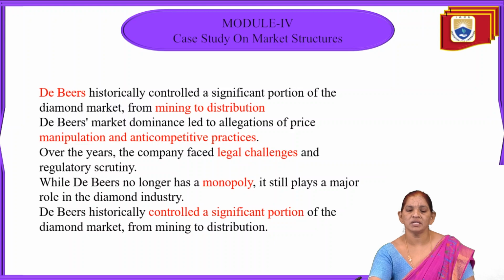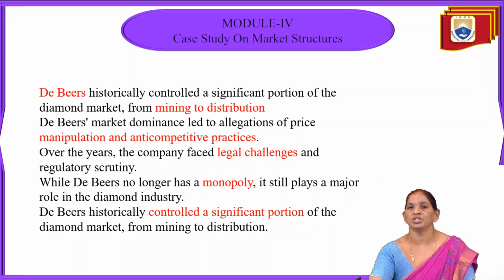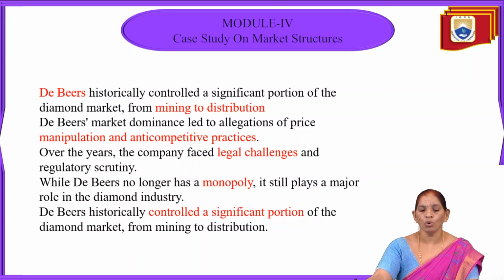So now we will see what type of allegations this company has faced in the open market, relating to legal challenges and regulatory scrutiny, and what type of challenges and scrutiny it has faced.